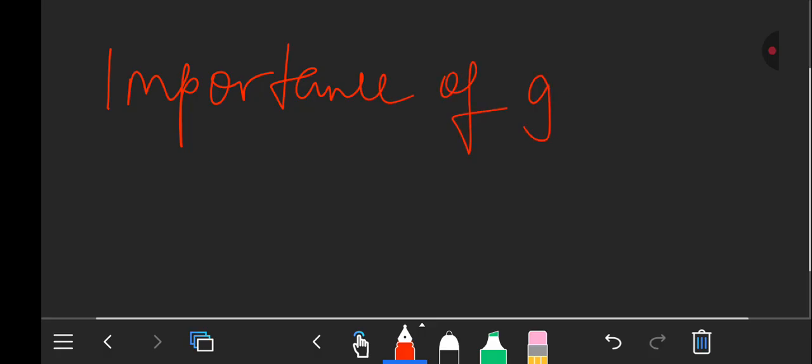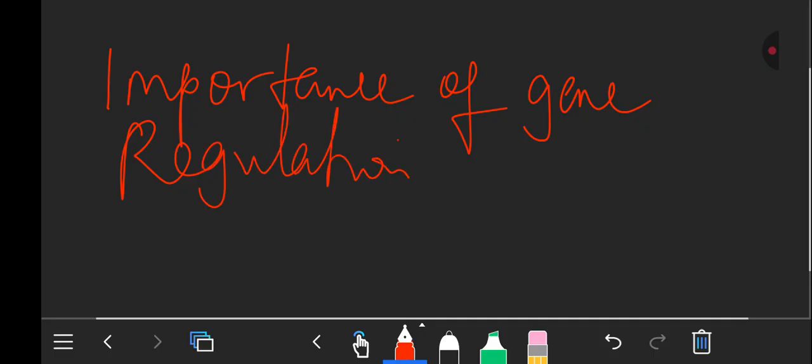Now let's look at the importance of gene regulation. Gene regulation has several importances.